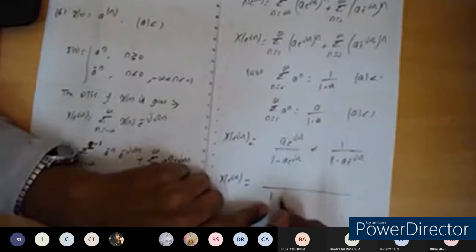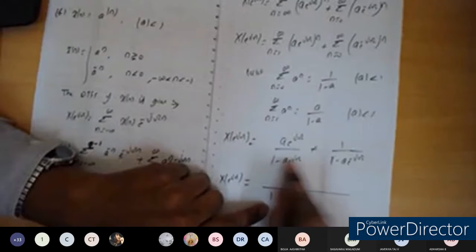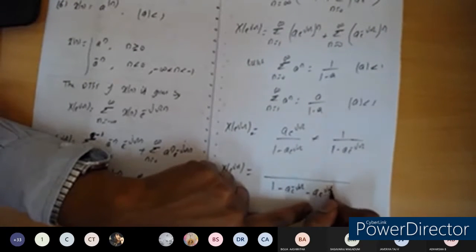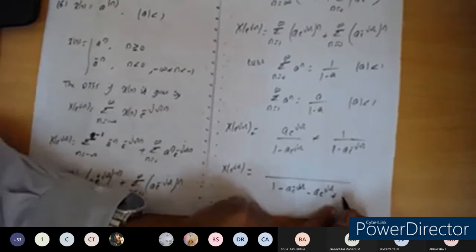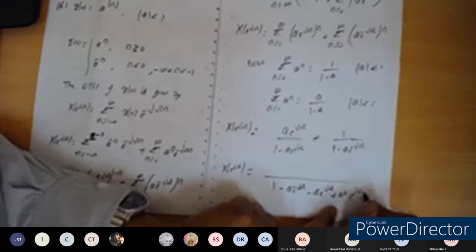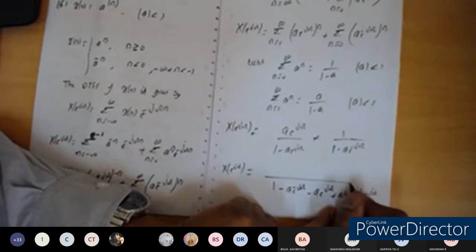I'm going to multiply each and every term here. So 1 into 1 will become 1. 1 into minus a e to the power of minus j omega. Next, minus a e to the power of j omega. Minus into minus will become plus a square into e to the power of j omega and e to the power of minus j omega, and both will get cancelled.